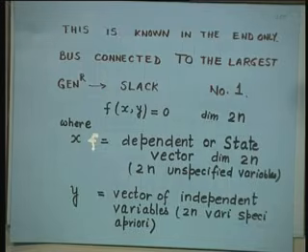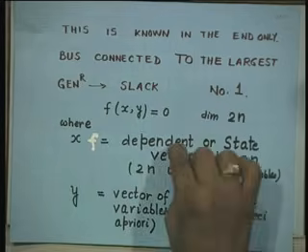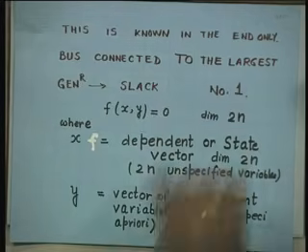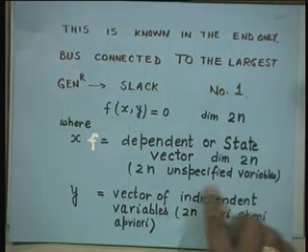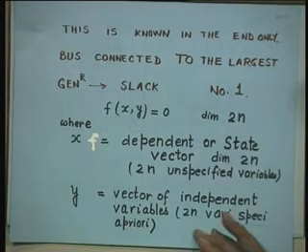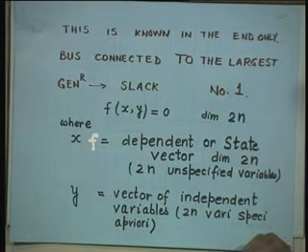Let x be, whatever question was asked, the height of an elephant, let x be the height of the elephant. Since time immemorial you must have been talking about this x as an unknown. So, x is a dependent or state vector of dimension 2n. These are in fact 2n unspecified variables or unknown variables.